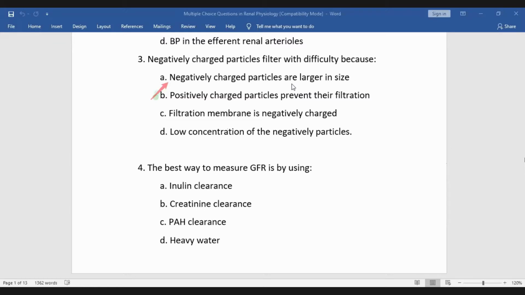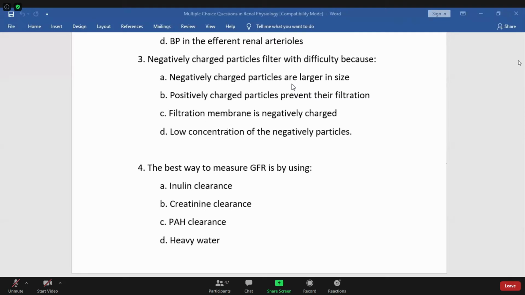Positively charged particles prevent their filtration. This is also one of the possibilities. The filter membrane is negatively charged, and that is responsible for preventing their filtration. So the most correct answer is that the filter membrane is negatively charged, and therefore they are filtered with great difficulty.